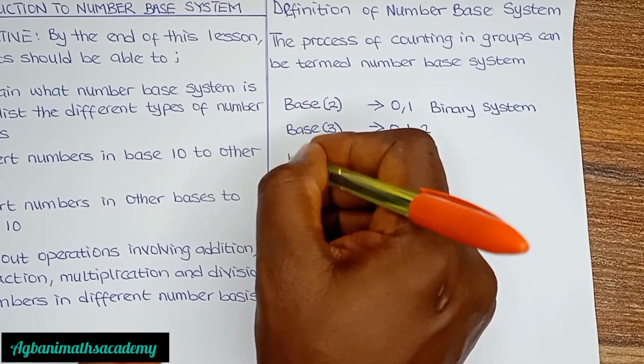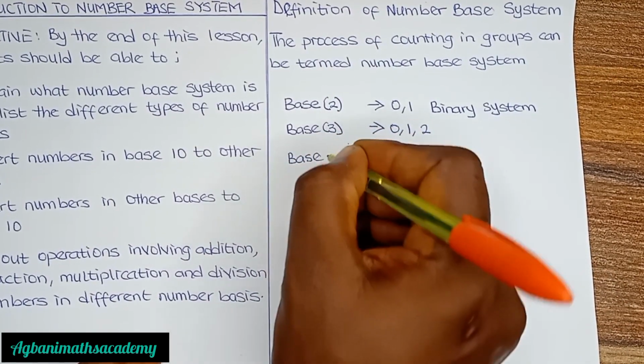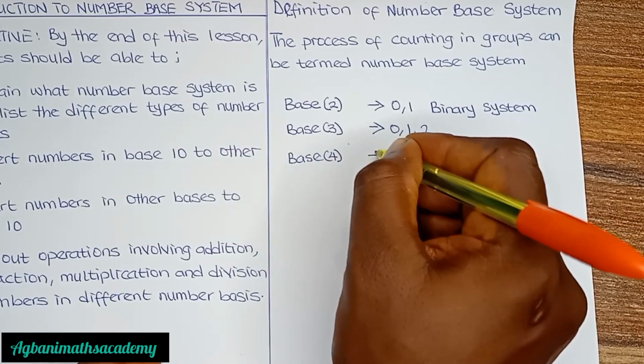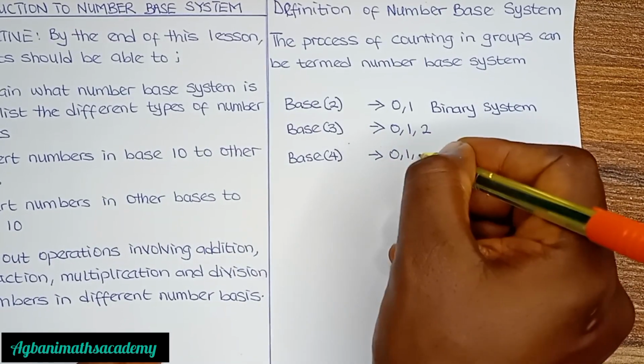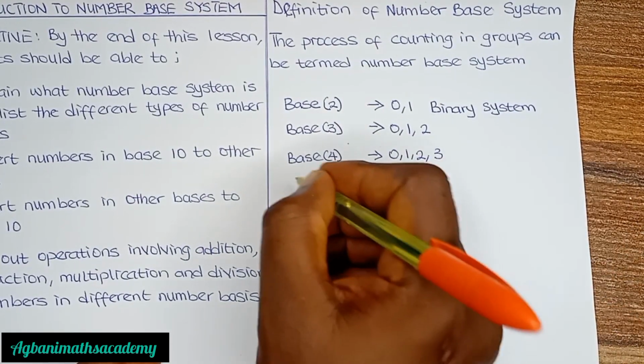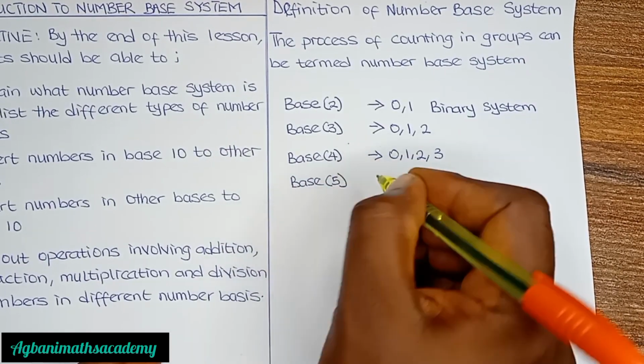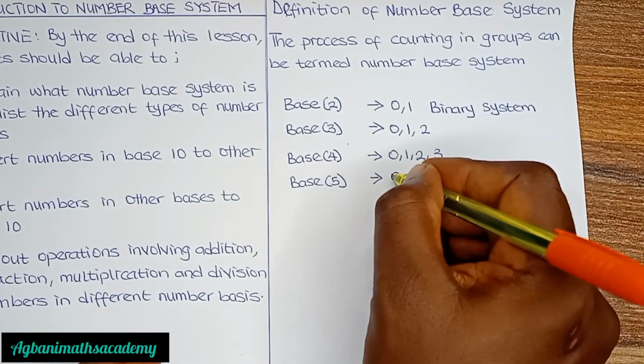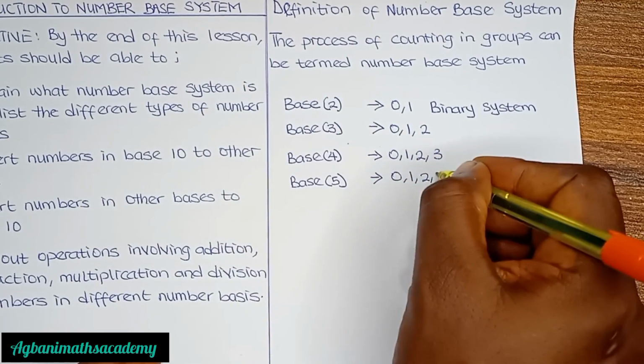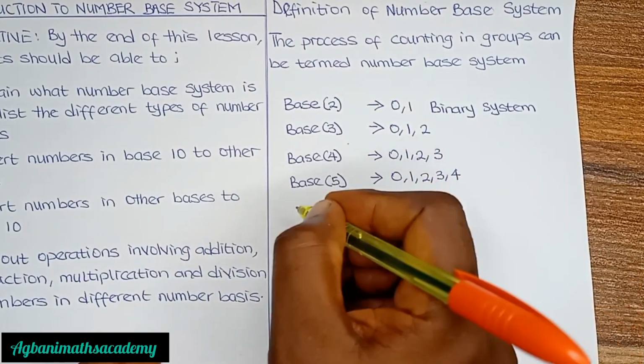The next is base 4, containing 4 numbers, 0, 1, 2, 3. We also have base 5, containing 5 numbers, 0, 1, 2, 3, and 4.